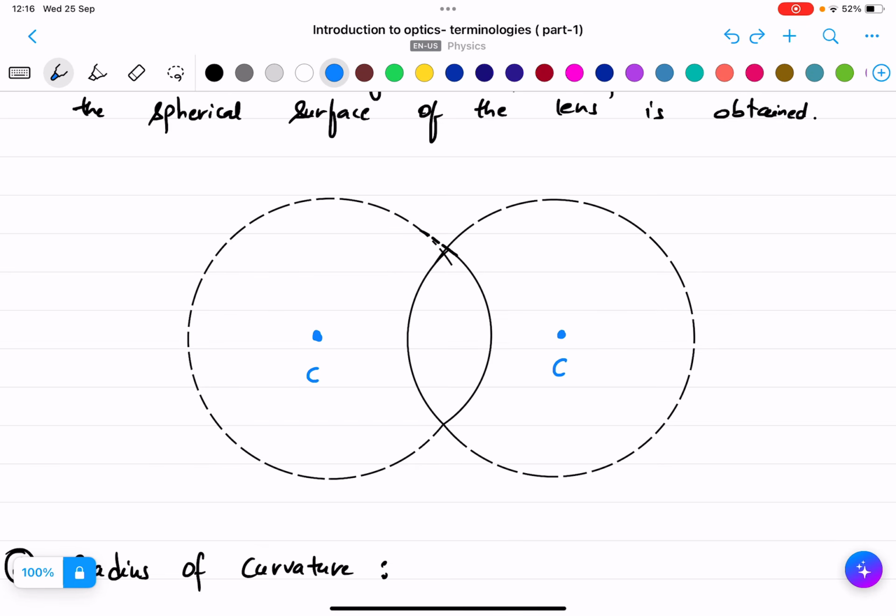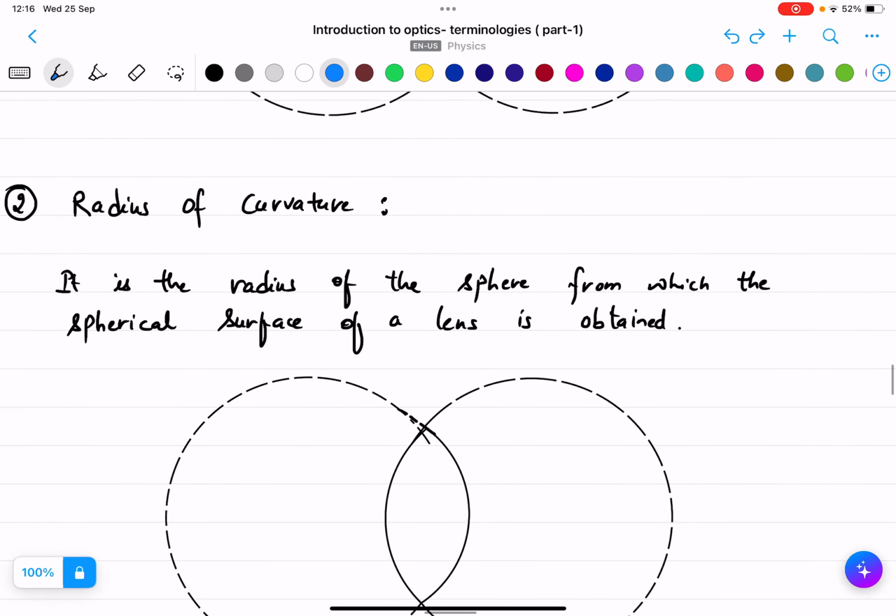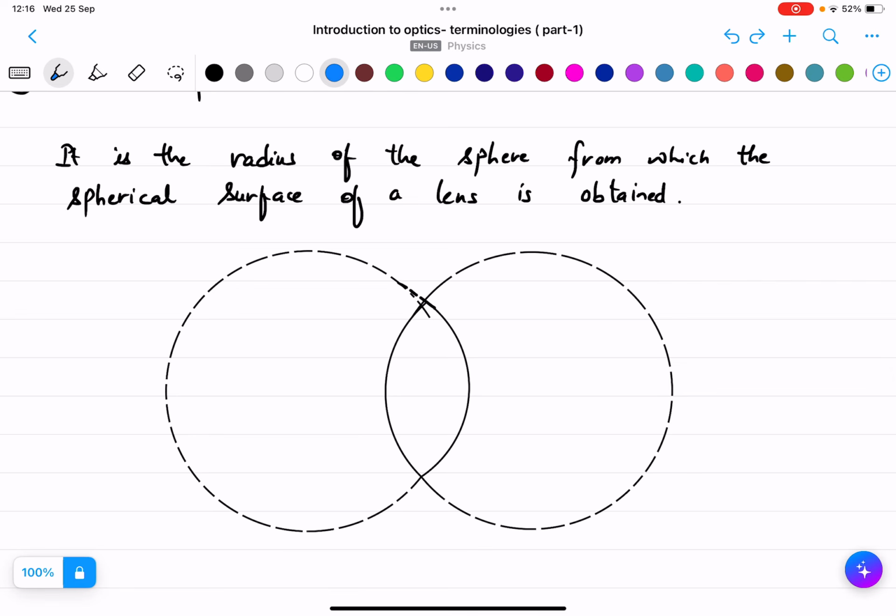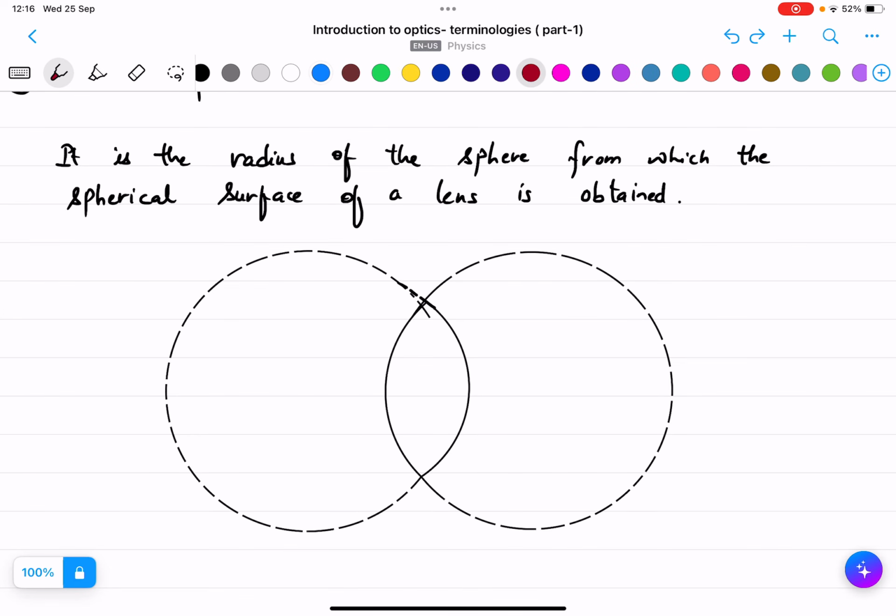Now the next thing is radius of curvature. It's very simple. You identify the center of curvature. This was your center of curvature, right? Now what will be the radius? Radius will be the radius of the sphere. So this is your radius. Anyone, any part, this is your radius.